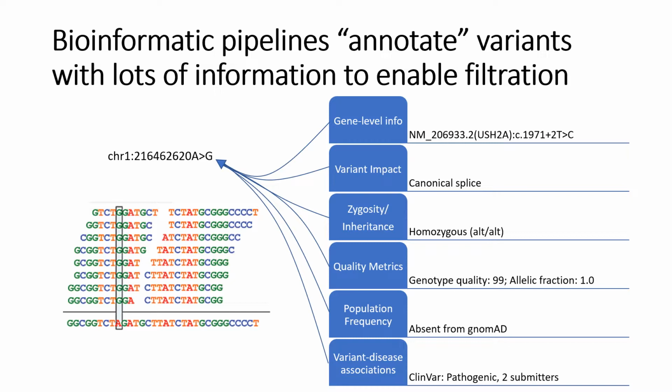We would append the gene impacts, the transcript impact, what kind of variant it is. So in this case, a canonical splice site variant, the zygosity of the variant, some quality metrics to assess how high quality the call is, population frequency data, things like whether it's been reported in association with disease before. So this is a really critical step in the exome analysis process.